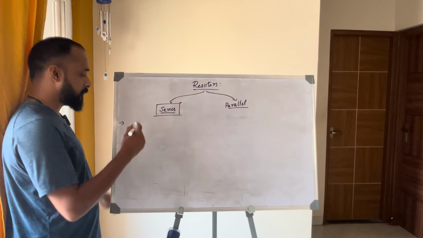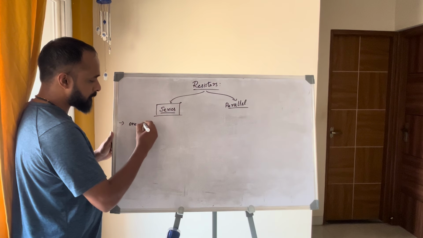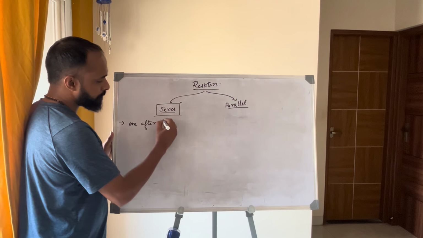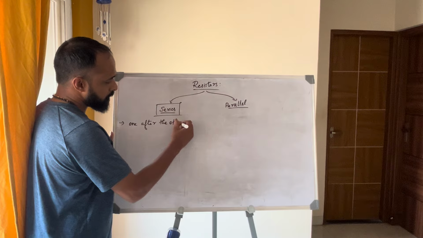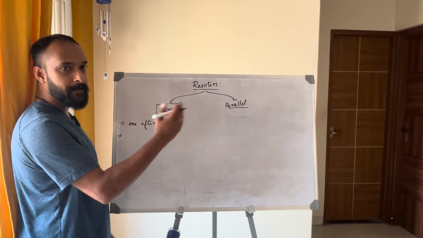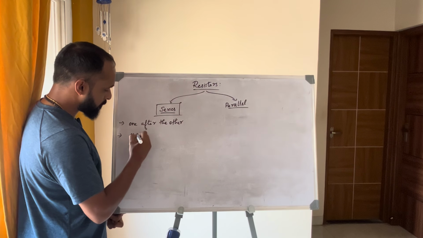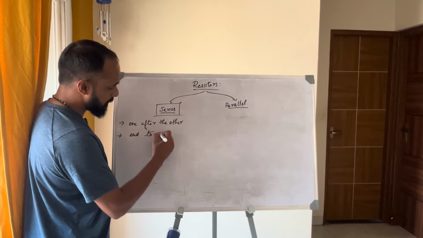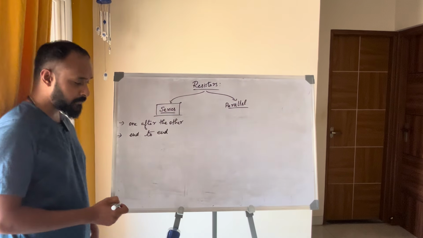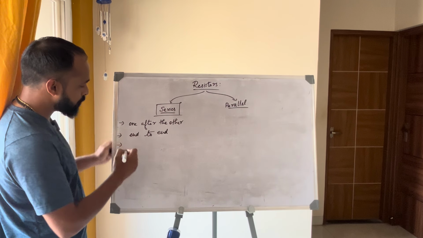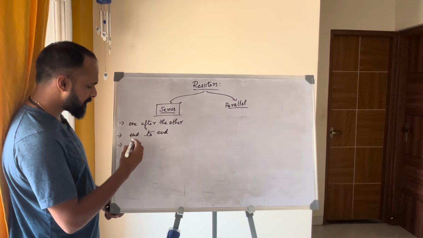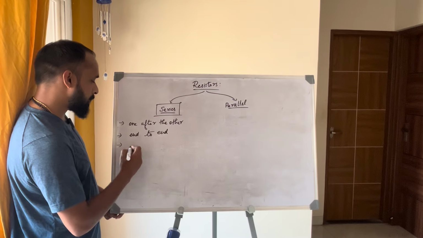How do you watch it? You watch it one after the other, right? Similarly, here also it is connected one after the other, or the other way of remembering that is end to end connection.